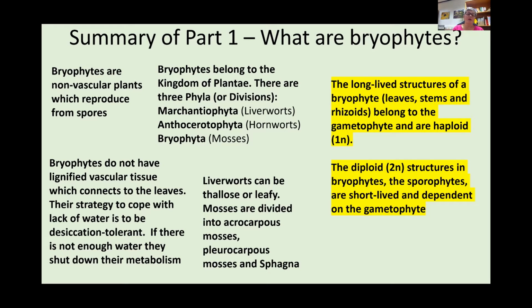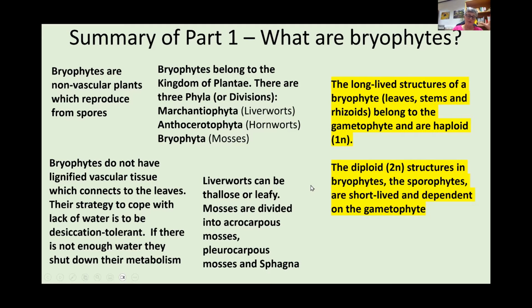We also discussed the fact that bryophytes don't have lignified vascular tissue, which connects to the leaves. Basically, the way they cope with lack of water is to be desiccation tolerant. They just shut down their metabolism when there is no water, and restart it when water comes in the shape of either rain or flood or anything else.